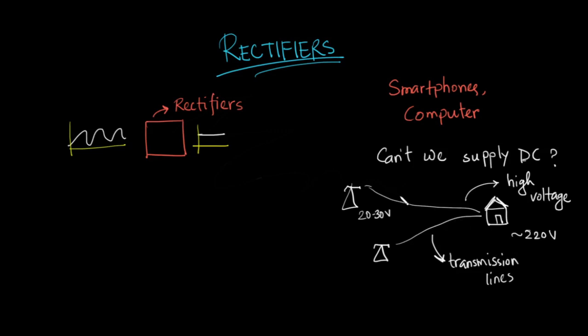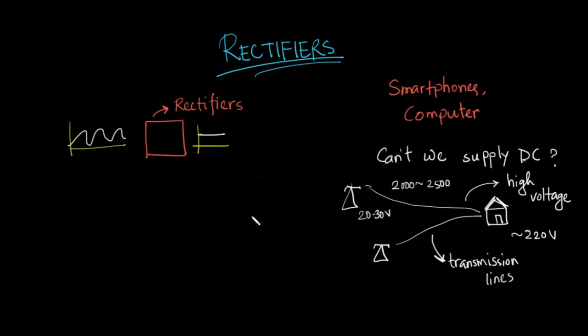Actually, the transmission lines that we have in our country supply at several kilovolts, about 2000 to 2500 volts. Power is supplied through these transmission lines at a very high voltage in order to reduce the line losses. The higher the voltage at which you supply power, the lower the drop will be across the transmission lines.